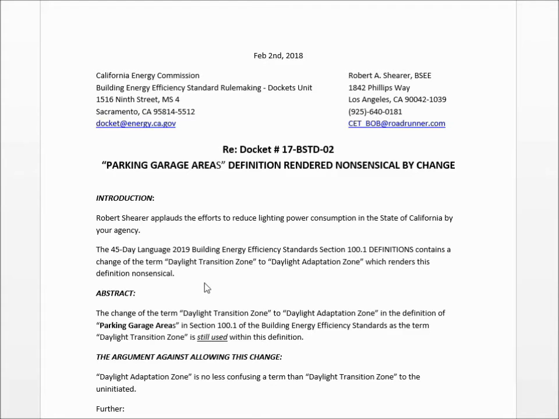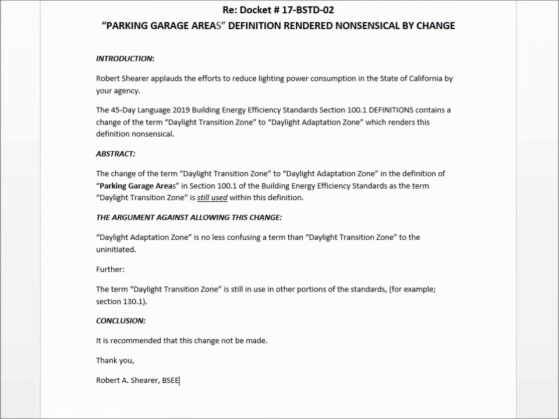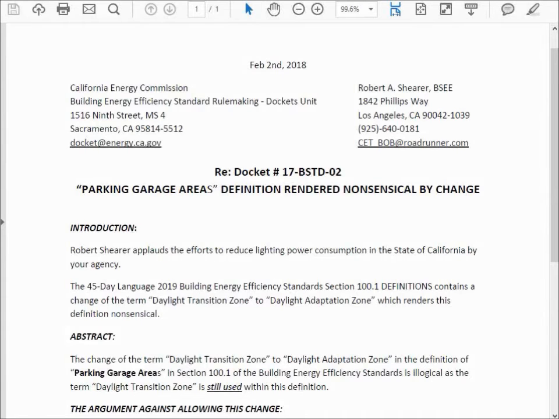Okay, so this covers it, and if you're interested in what the feedback looks like, you can pause it here and read it, but this is the entirety of it, and now let's go ahead and submit it to the CEC. Now I've converted my feedback to PDF, but you don't have to. They'll take a .doc or .docx Word document if you want to send one up.